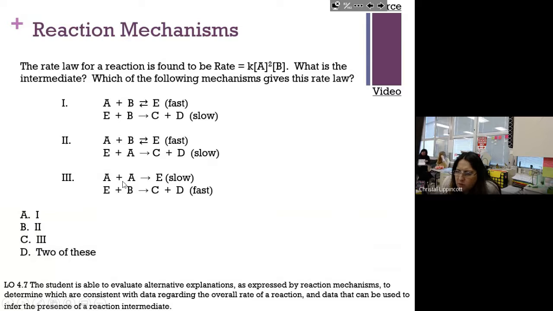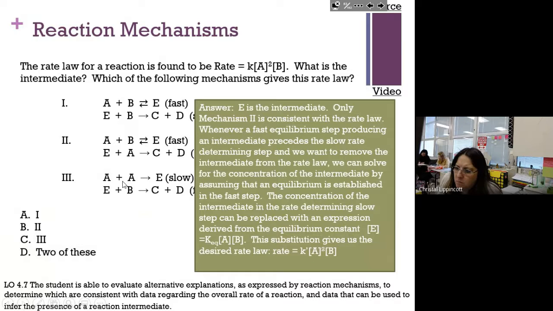It says rate law here is found to be rate equals A squared B. What's the intermediate? So were you able to find the intermediate? Oh, E is the intermediate. I see what they're saying. I was looking for option E down here.